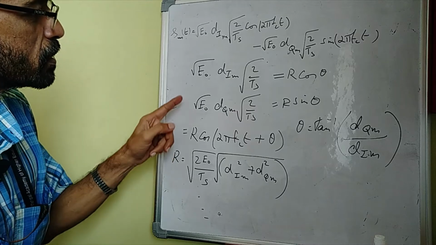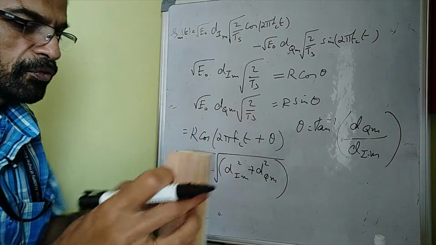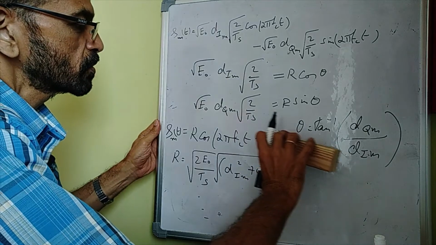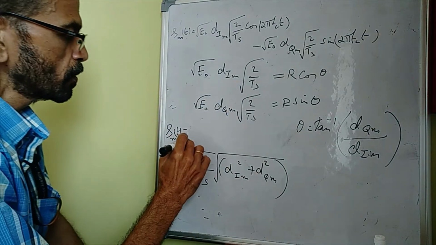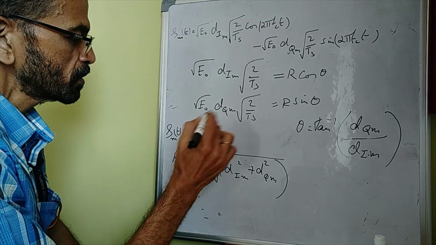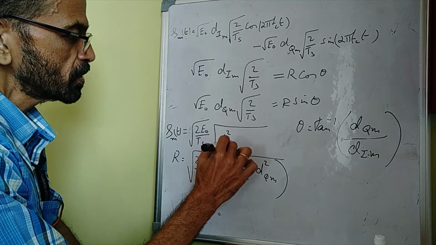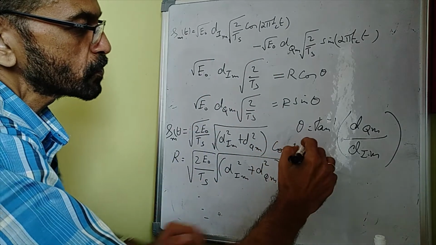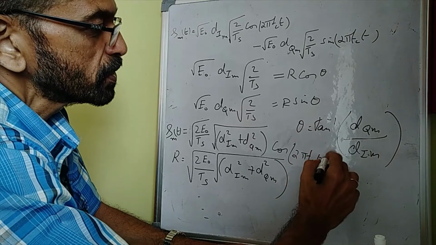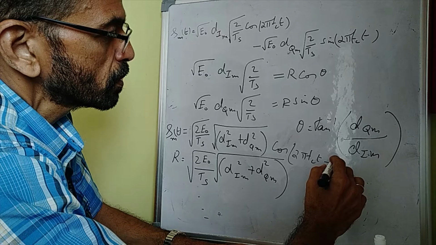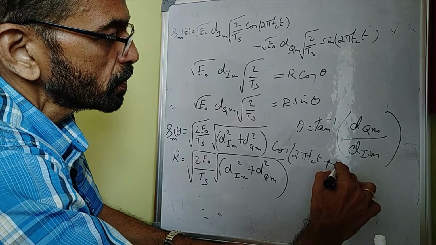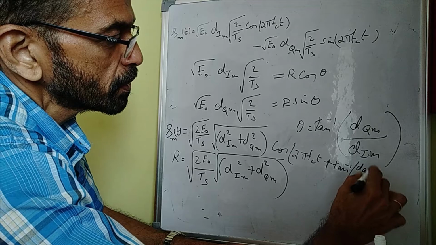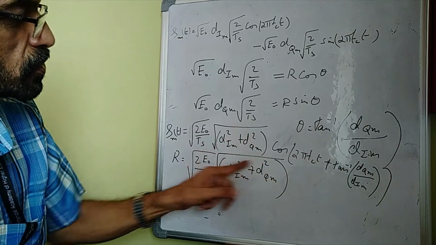That means the signal s(t), that is our QAM signal, can be expressed as root 2 E naught by Ts times root of di square m plus dq square m, cos of 2 pi fct plus tan inverse dqm by dim, because this is theta and this is r.